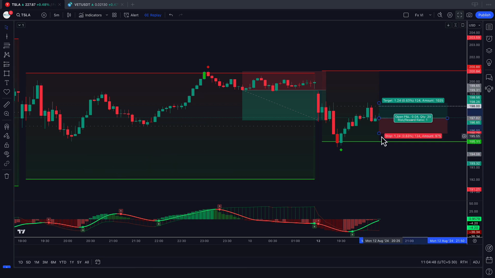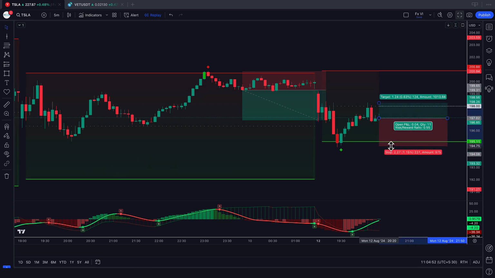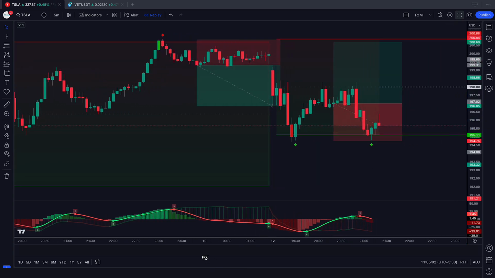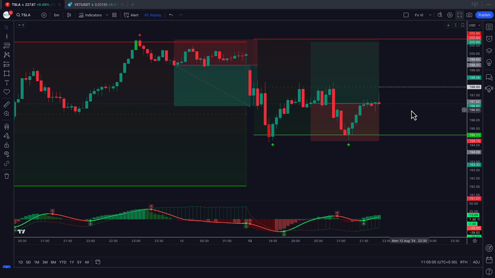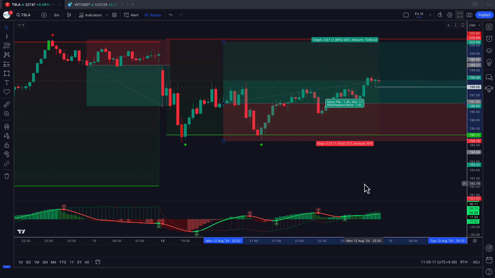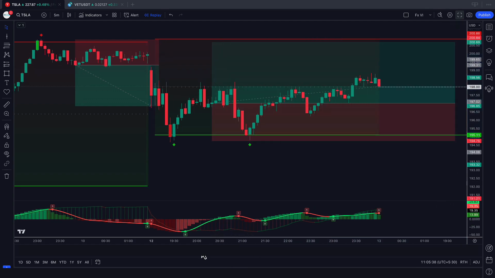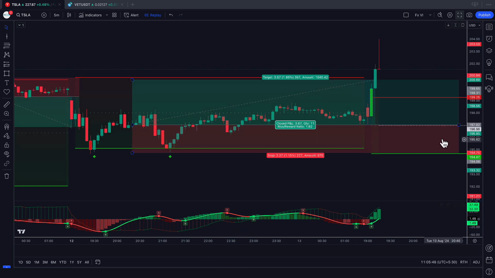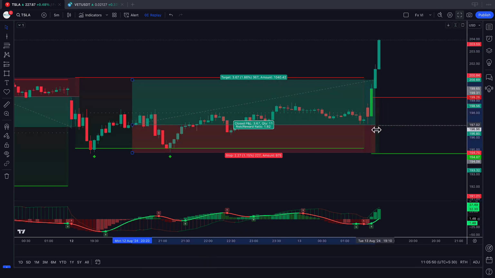Our stop loss will be placed at the current market's lower level, and the risk to reward ratio will be 1 to 1.5. The market has completely hit the target. Now we will find other trades.